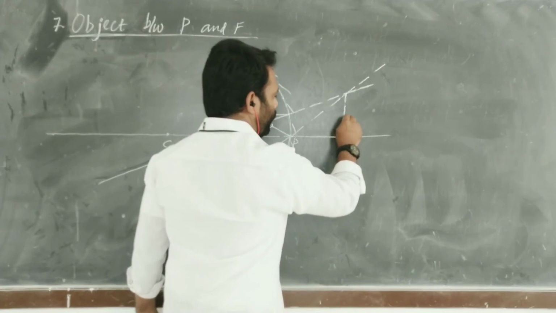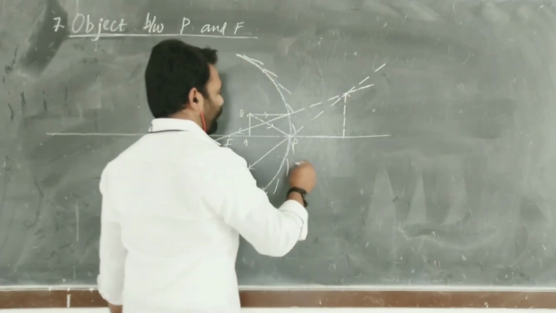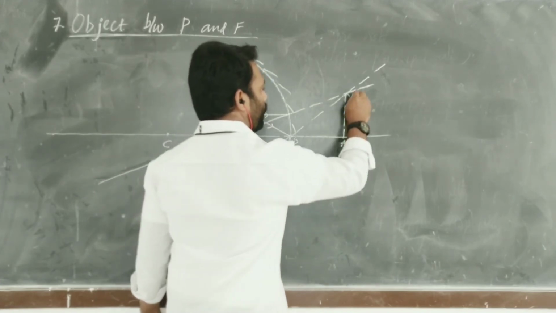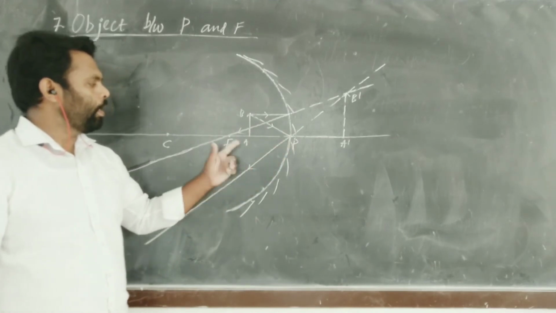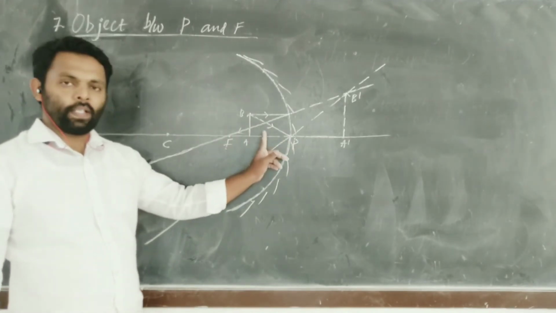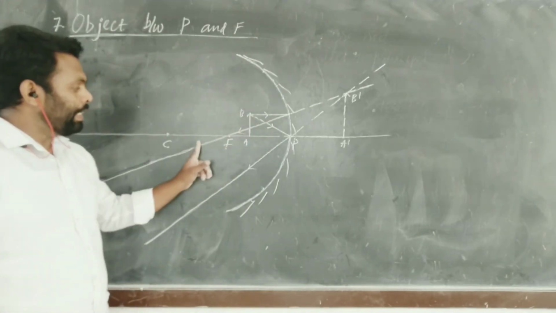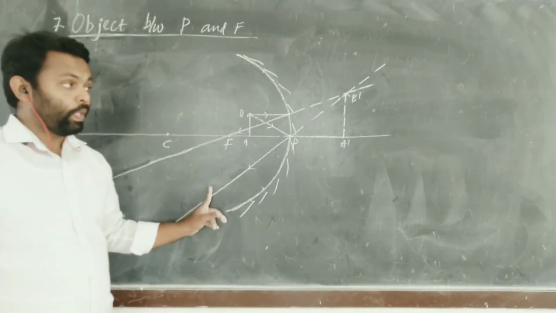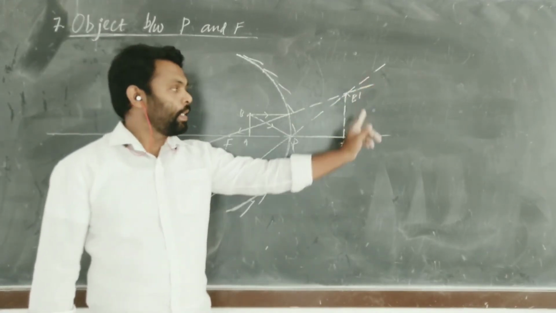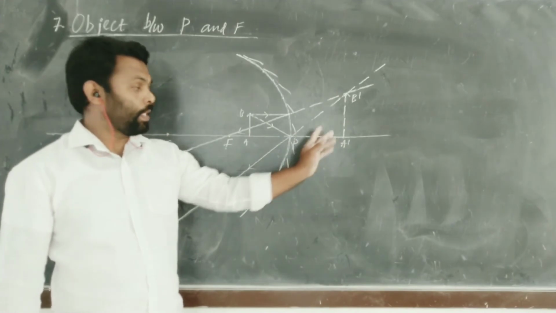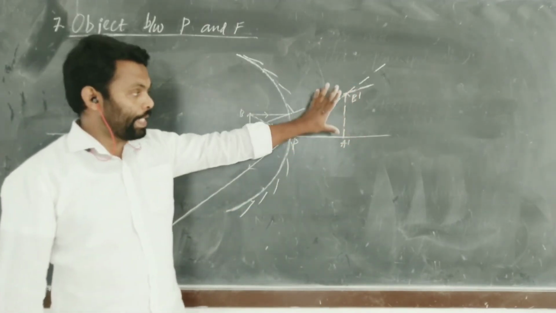This point is the image A prime, B prime of the object placed in front of a concave mirror between pole and focus. This is the only case where the reflected light rays are divergent, where the image is formed by extending the reflected light rays, and this image is erect, like the object. A prime B prime is the image, so it is erect.